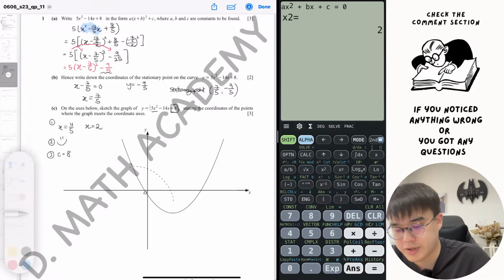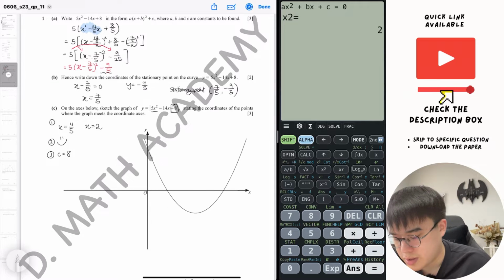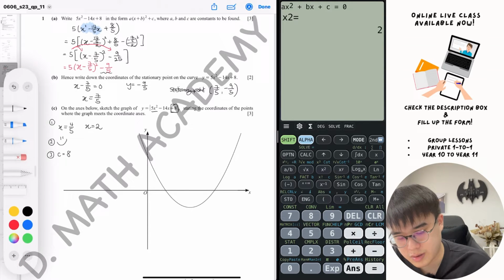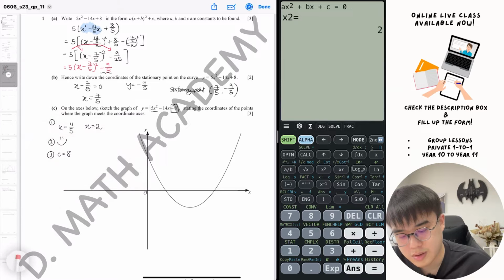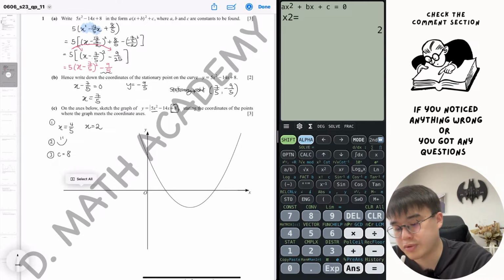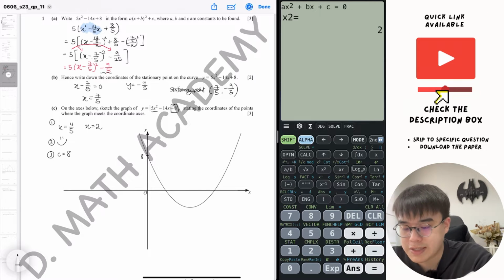Okay, I'm going to readjust it a little bit. Show that it is at 8. Okay. And time to label the information. So we do know that this is 8.